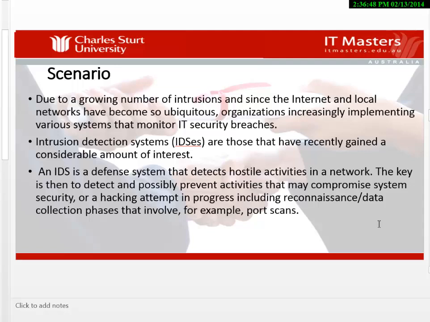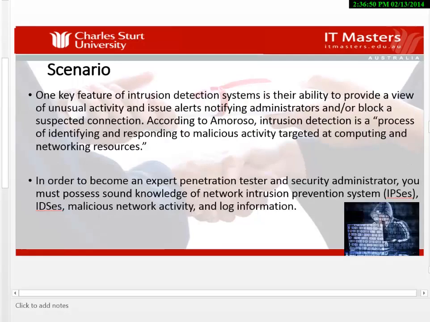We just talked about what an IDS does. Their job is to keep an eye on the network. One of the other key jobs of an IDS is to detect unusual activity and issue alerts, so you as the network administrator can see or block any suspected connection.